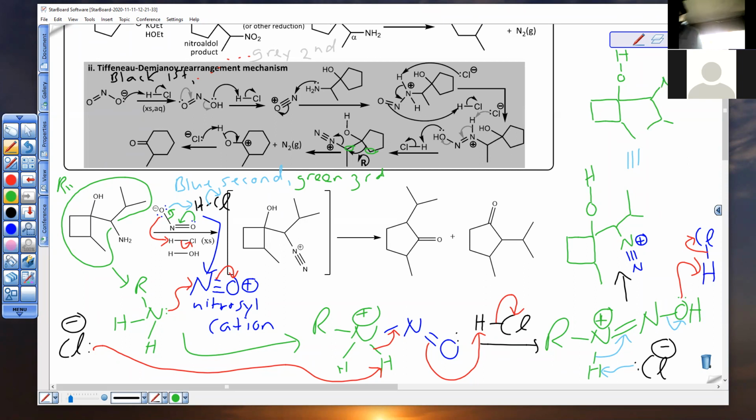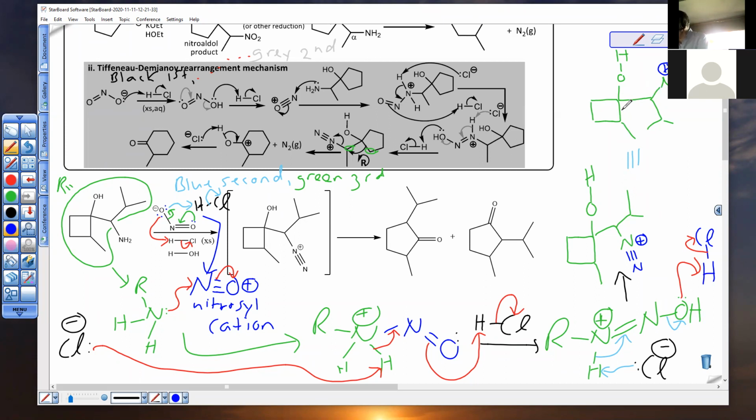You can do this mechanism without doing that. I don't know if I had to do that at all. In this one, I'm going to do this rearrangement here, and in this one, I'm going to do this rearrangement here.